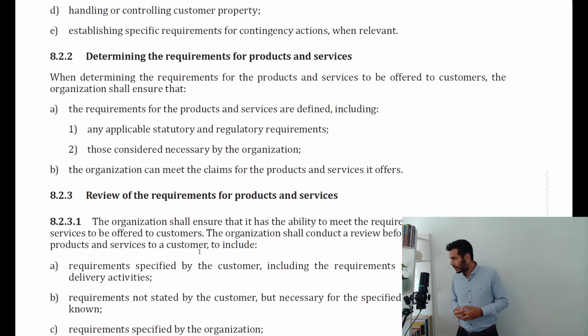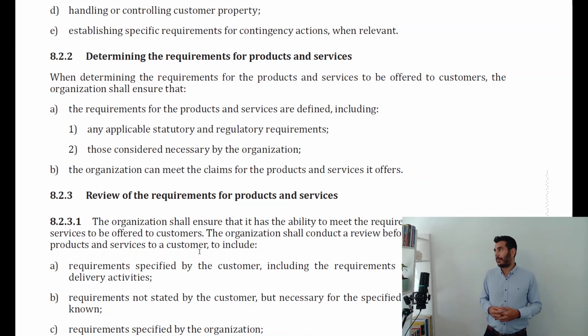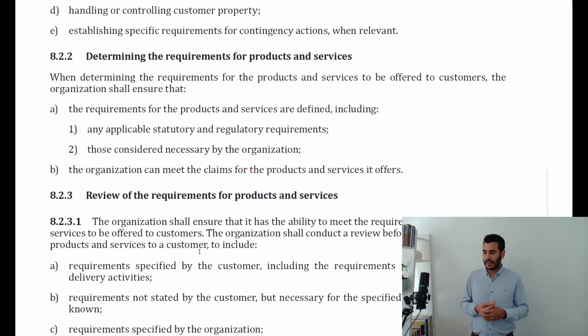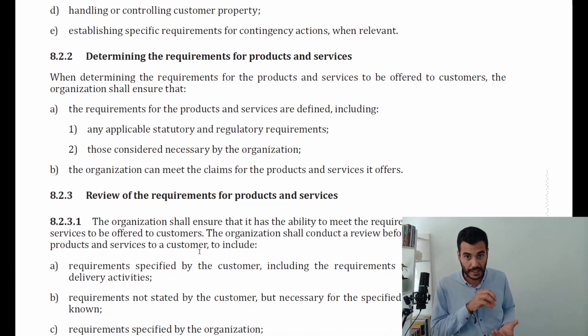So what this means is that if, for example, as a company, we are creating windows, okay, aluminum windows, there are certain regulations that we have to follow when it comes to creating aluminum windows. For example, that the product has to be CE marked.